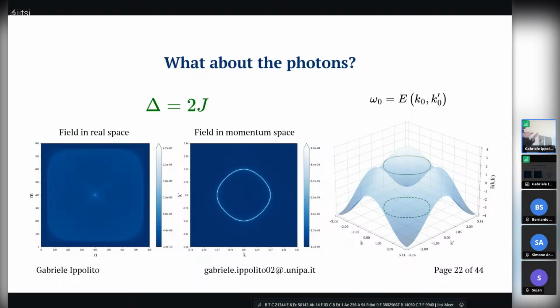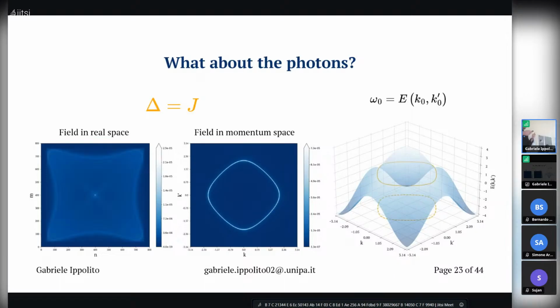If we move towards the center of the band, the two-photon band will become less isotropic, and we will observe the same behavior for what concerns these two probability distributions.